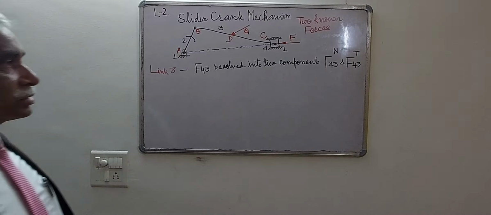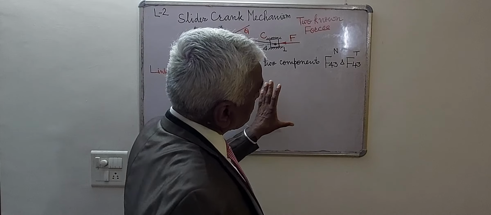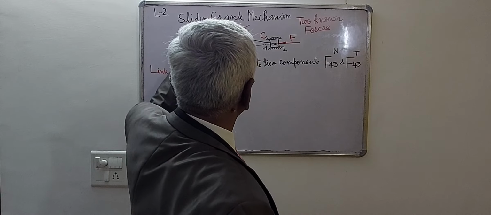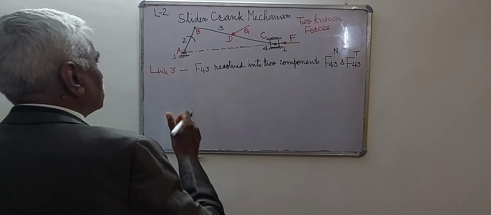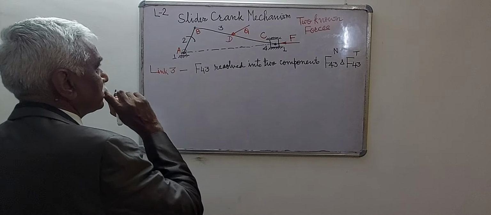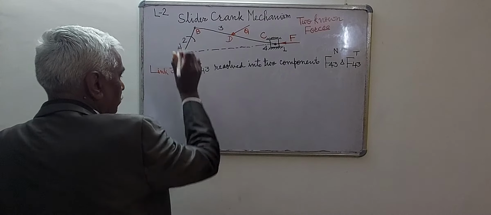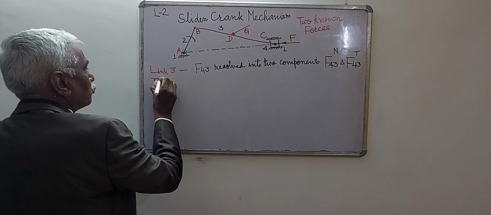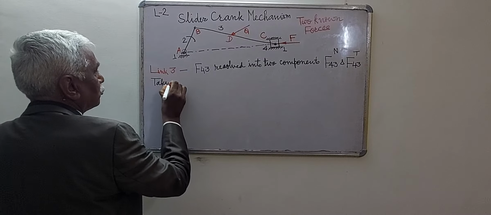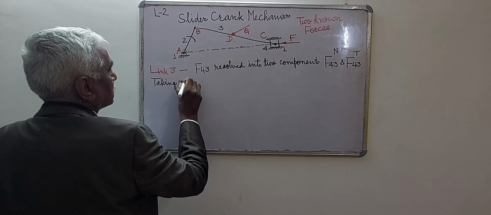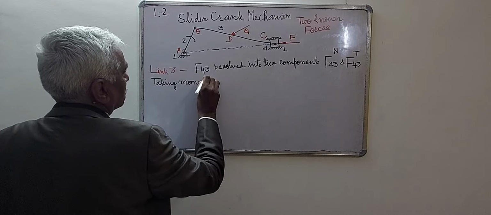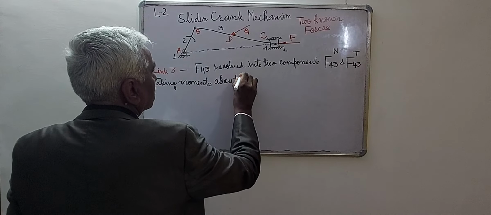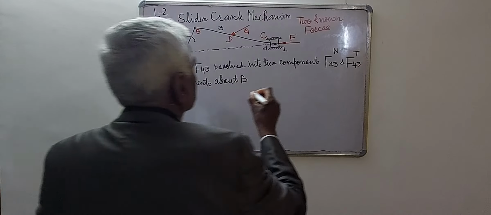So, in such cases, it is easier to find the value of F43T by taking moments about point B. Taking moments about point B, what happens?